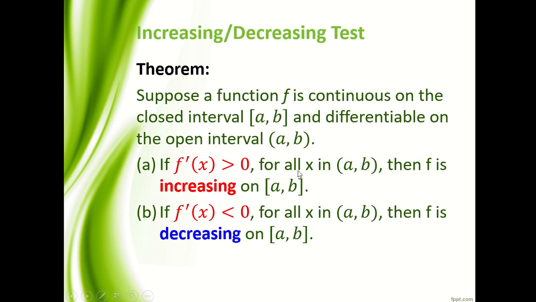When you substitute all the values of x in the open interval a to b, if you find that the derivative is greater than 0, meaning positive, then the function is increasing on the closed interval [a, b]. Otherwise, this is the opposite: if f prime of x is negative, meaning less than 0, for all x in the open interval (a, b), excluding a and b, then f is decreasing on the closed interval [a, b].